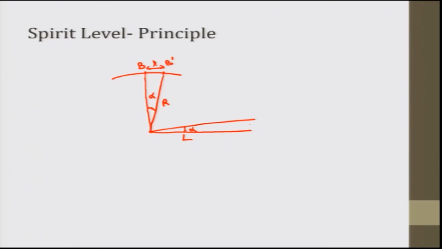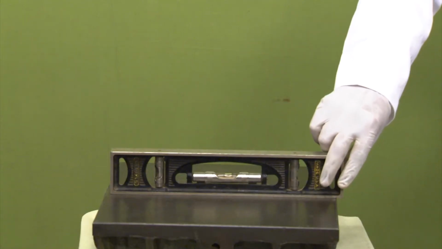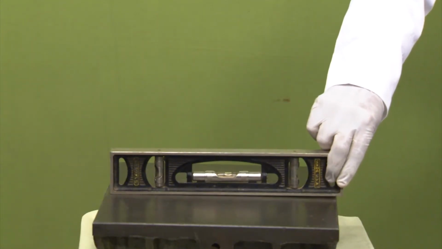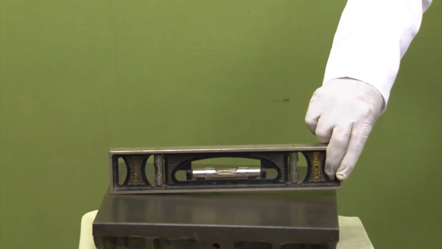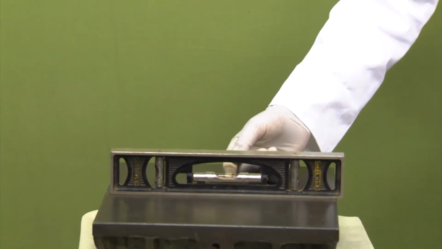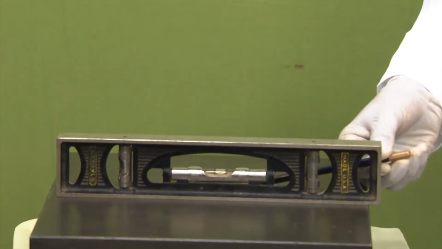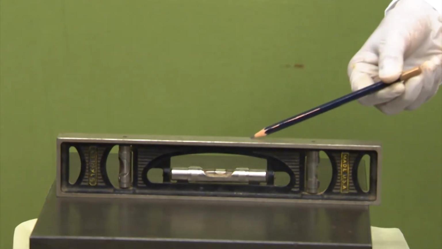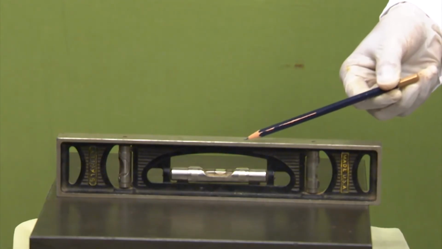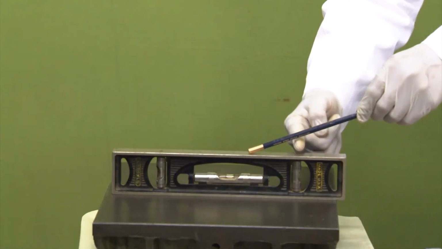So whenever it is moved at an angle alpha, the bubble will move an equivalent angle. When I move it at some angle, the bubble will also make the same angle with the center of the vial. So this angle alpha and this angle with the base are the same.